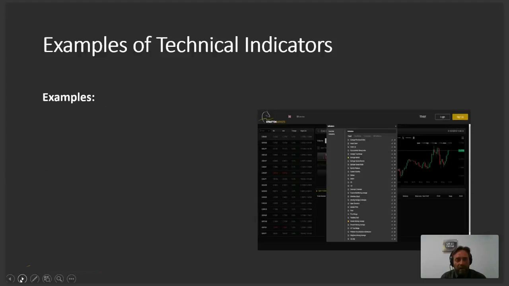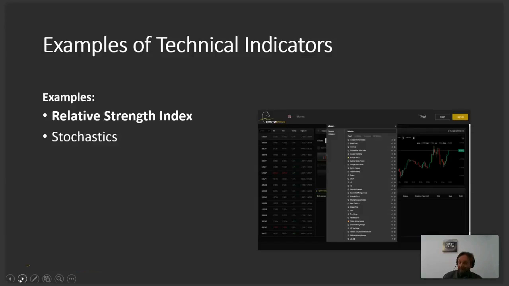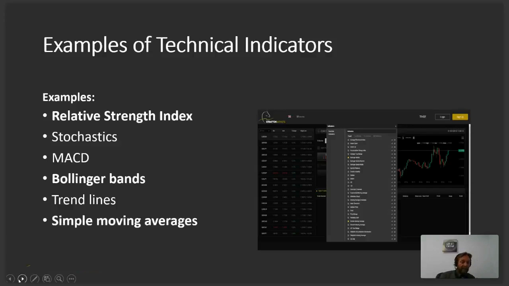Examples of such technical indicators include the Relative Strength Index, RSI, something we'll talk about today, stochastics, MACD, Bollinger Bands, again something we'll discuss today, trend lines, simple moving averages, again something we'll be introduced to today, and commodity channel index, just to name a few, because there are hundreds of these different indicators which traders believe in. But we're just going to focus on a handful of those tonight.